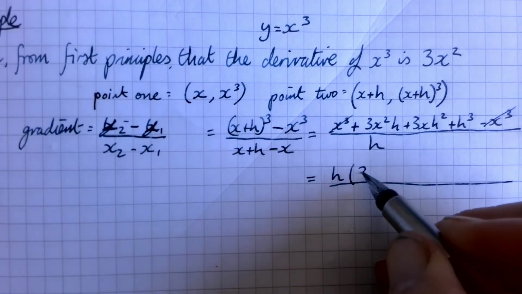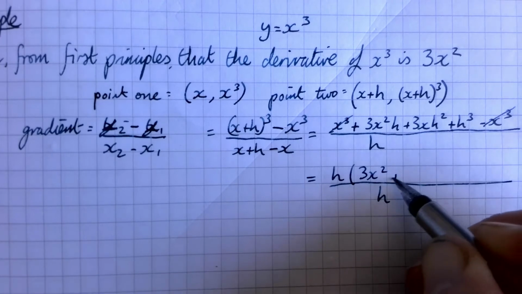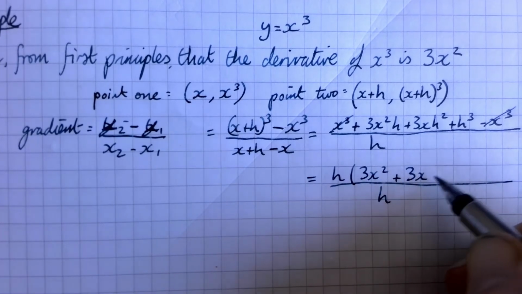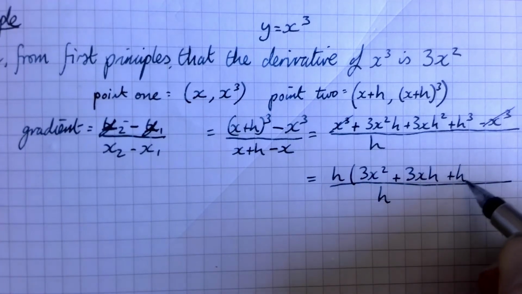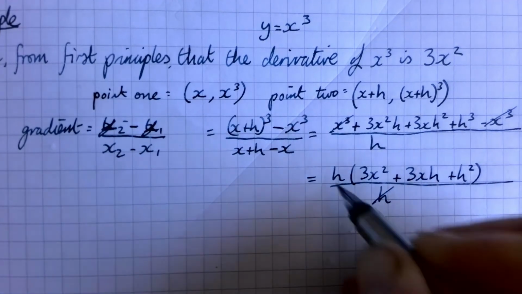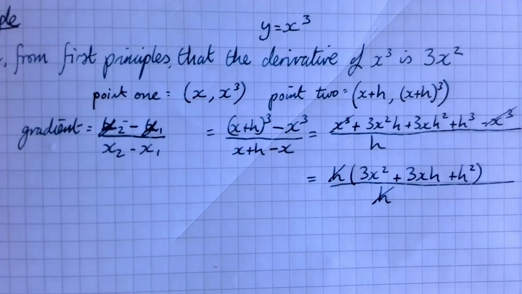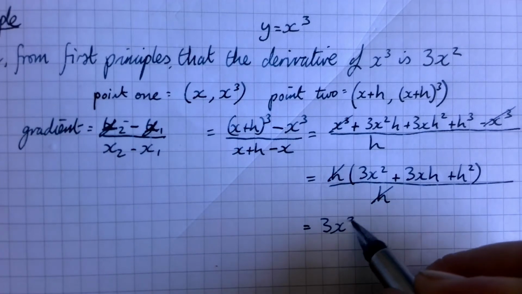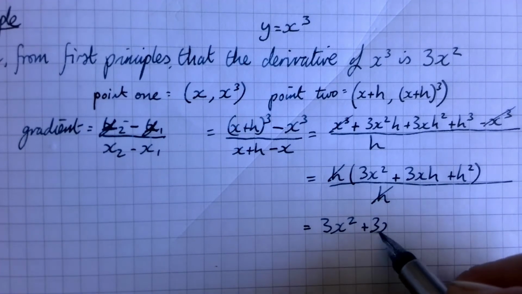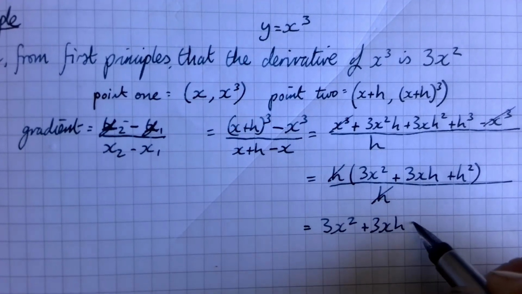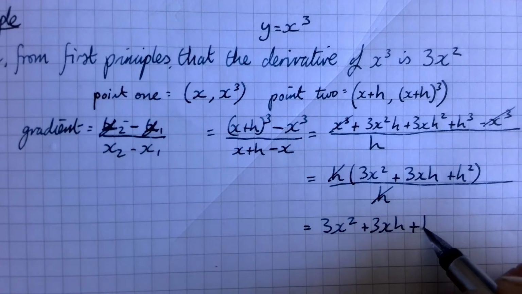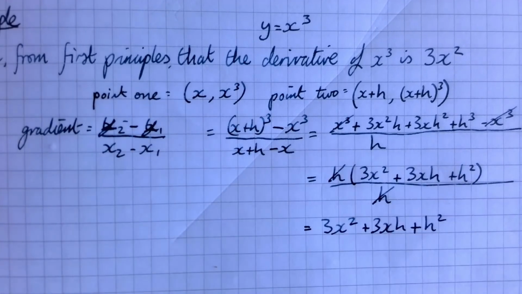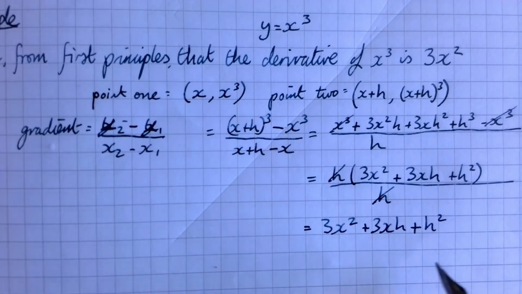That would leave me with 3x squared plus 3xh plus h squared, which isn't quite 3x squared yet, is it?